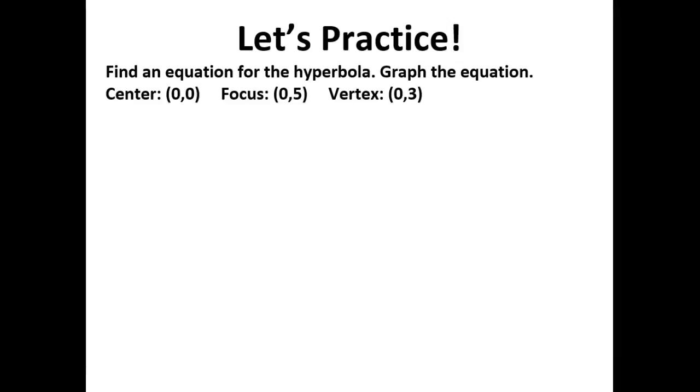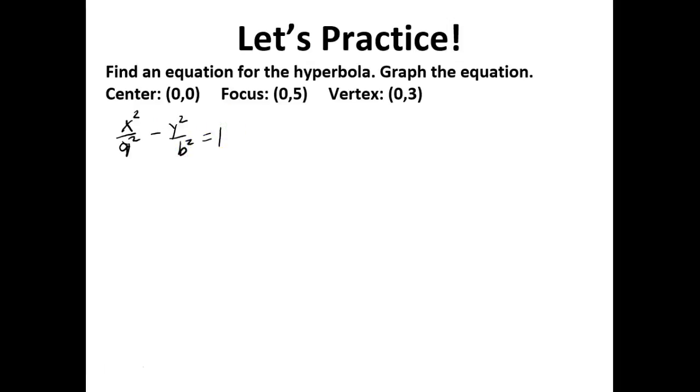So find an equation for the hyperbola, graph the equation. The center 0, 0, focus 0, 5, and vertex 0, 3. Now this one doesn't list it, but keep in mind the equation is x squared over a squared minus y squared over b squared equals 1.